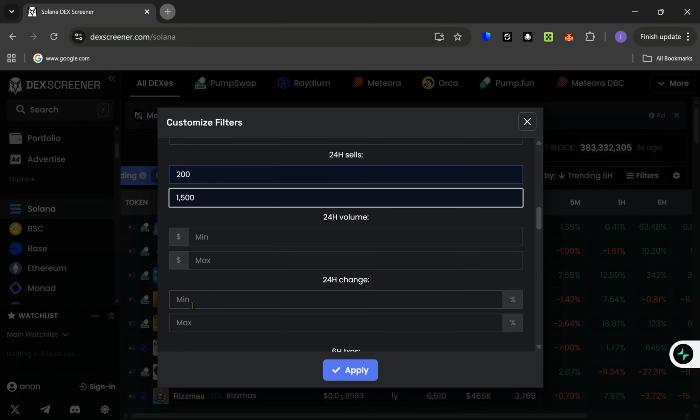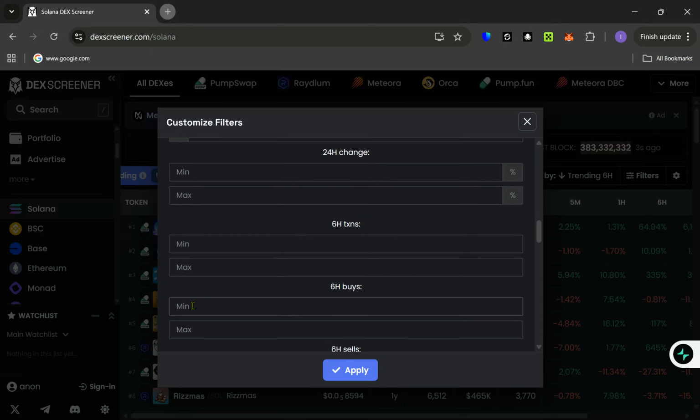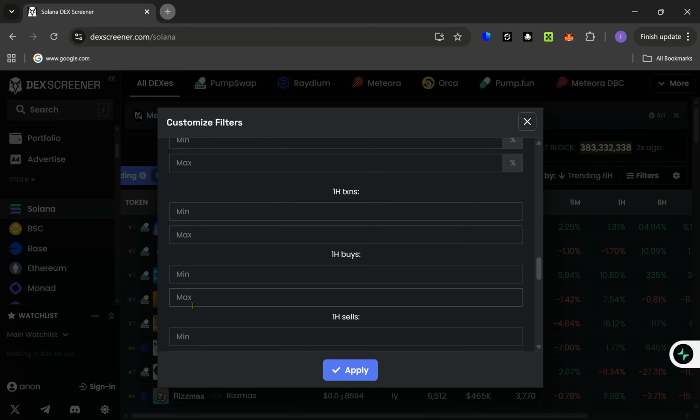So 24 hours minimum volume, that doesn't matter because we already have market cap, and market cap will identify that. 24 hours changes, we don't care about that. 6 hours transactions, all this we don't care about, because we focus on the above ones.